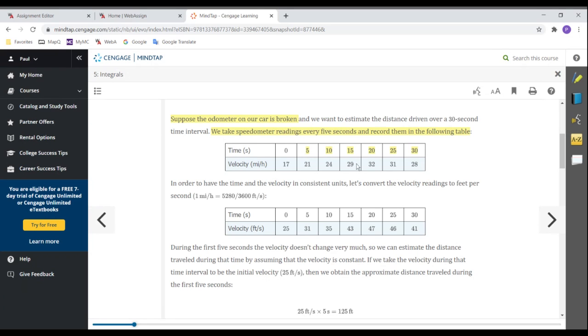They're converting the table here into a new table where your units are in feet per second.